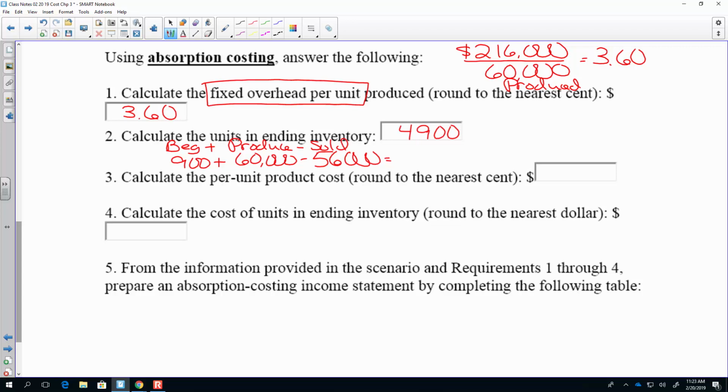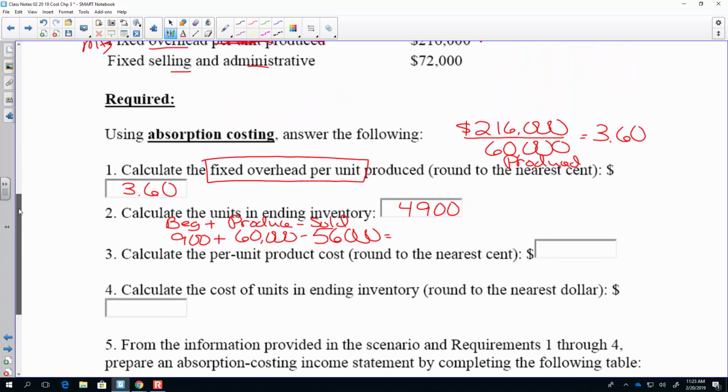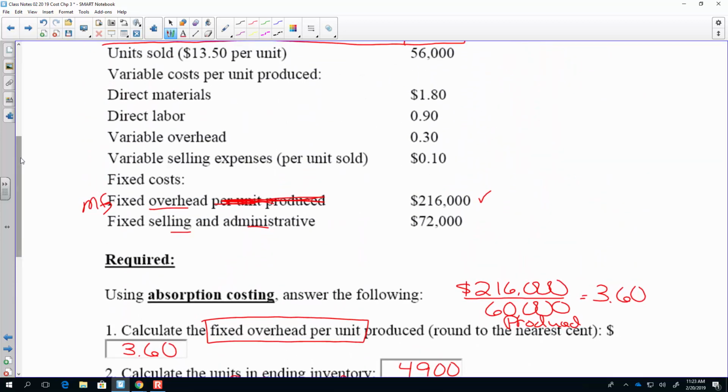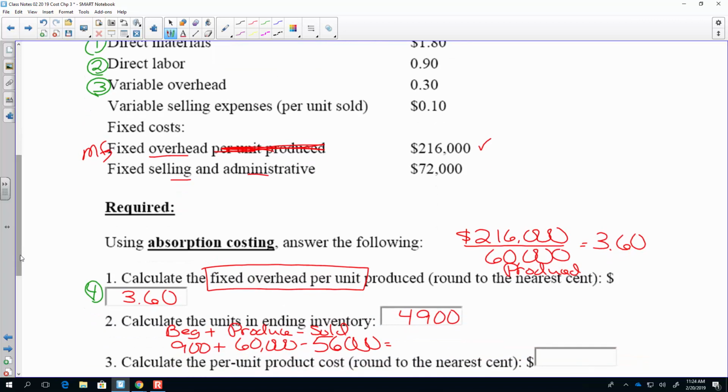What's our cost per unit? There are four parts to an absorption cost per unit: material, labor, variable overhead, and fixed overhead.